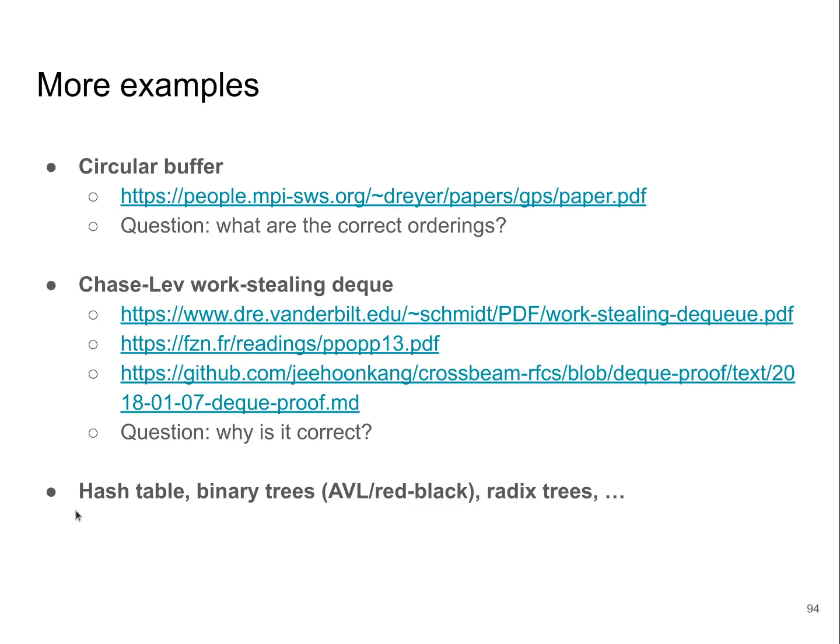There are also hash tables, binary trees, registries, and many other concurrent data structures that are lock-free. Among them, the hash table is basically homework 5. For homework 5, you are going to implement the split-ordered linked list, which is basically a concurrent, resizable hash table.